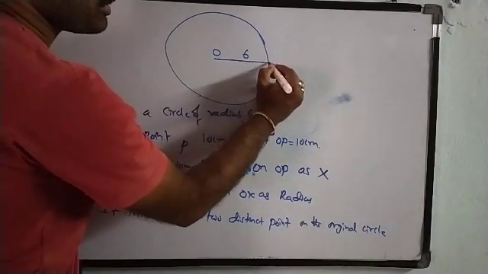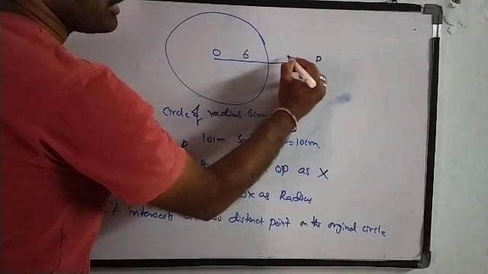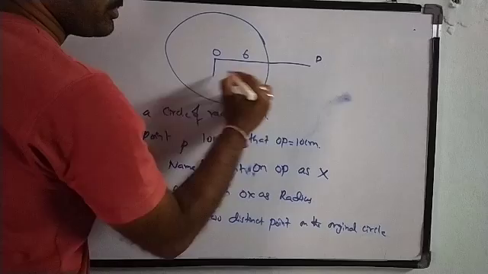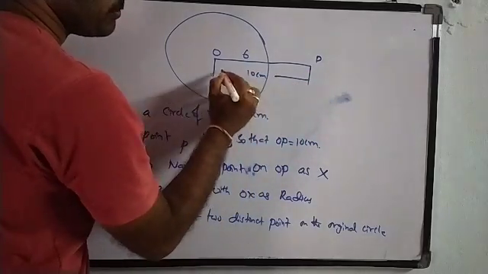Already 6 is over; from here to here, let us take 4. So total it is 10 centimeters. O to P is totally 10 centimeters.